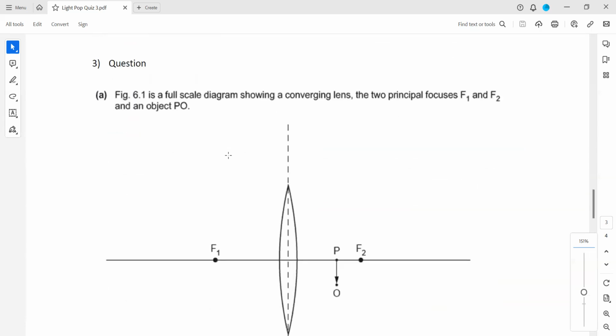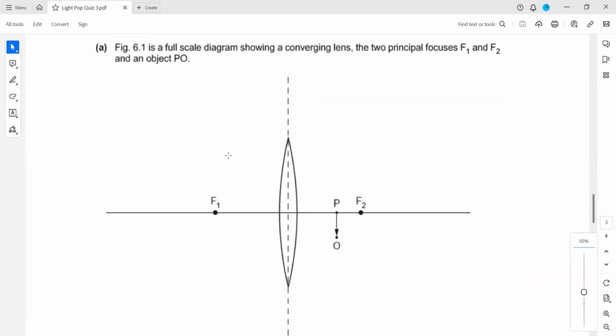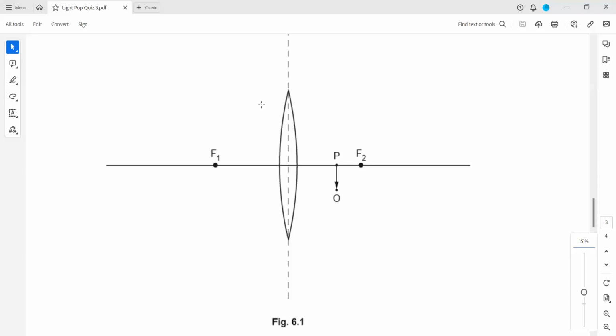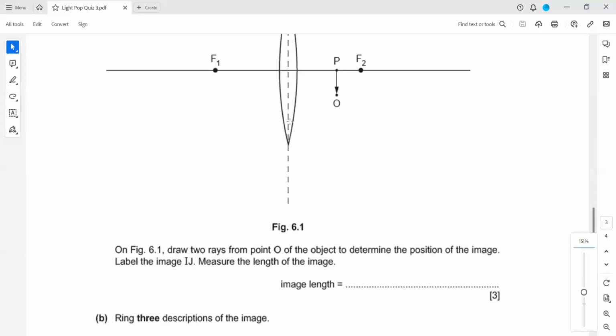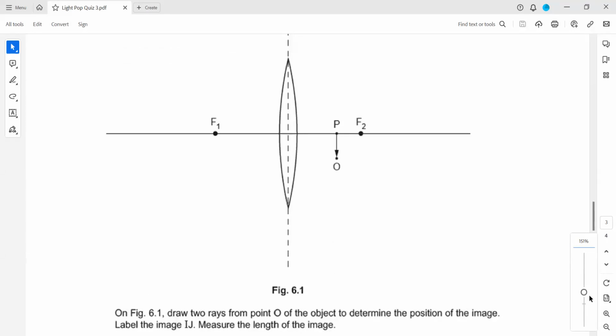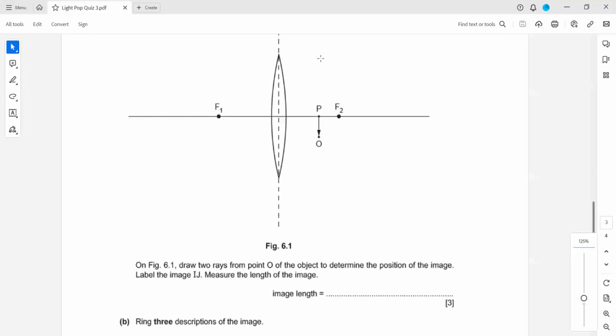Moving on to question 3. Figure 6.1 is a full scale diagram showing a converging lens. The two principal focuses are there, f1 and f2, and an object OP. So again, the object is between the lens and the focus, so the image will definitely be a virtual image. First we draw a parallel light ray from the tip of the object.